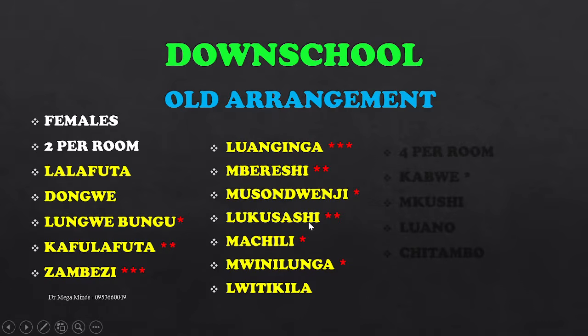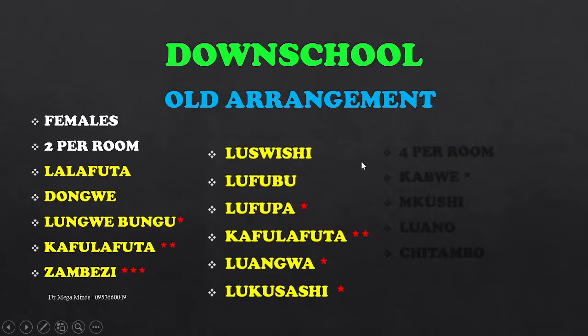So if you're interested in a particular hostel, you also look for the province, because when applying, you have to click a province and then it will bring you the districts, which will be the hostels. Is Zambezi in Western? Is it in Southern? So when the portal opens, you have to go straight to the province.